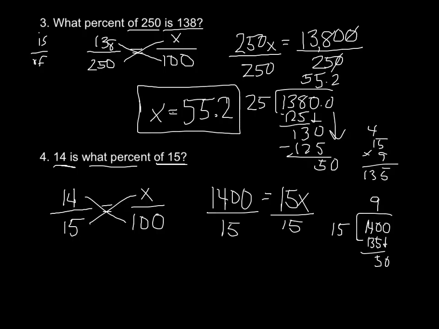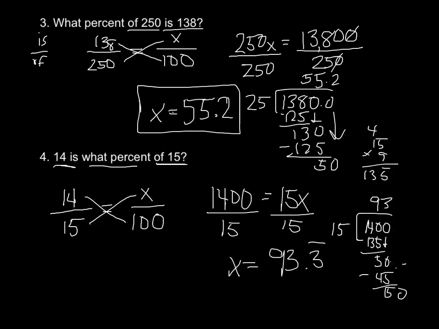Well, once, 15, 30, 45, 3 times. Minus 45, I'd bring down a 5, 0. So it's going to be 93.3 repeating. The 3 is going to go on forever. Okay, so my x equals 93.3 repeating.